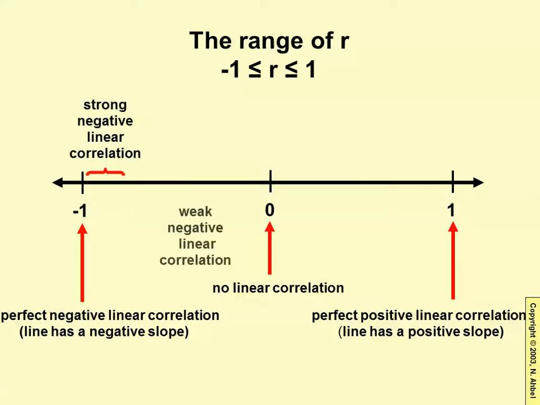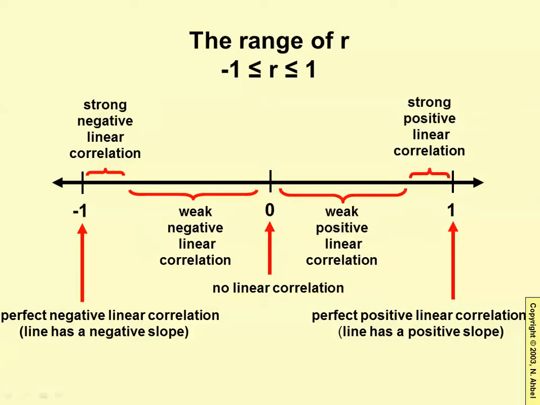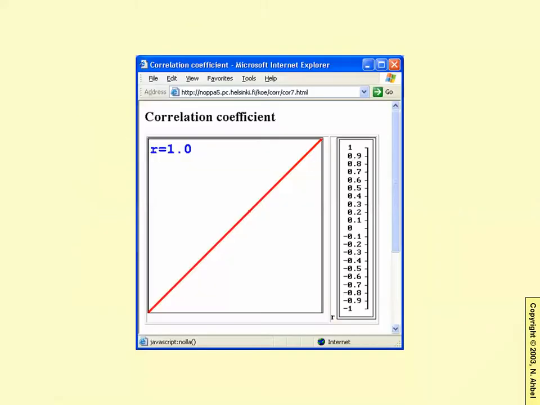And here are 4 regions that go from -1 to 1 and what those regions correspond to. So a correlation coefficient of 1 means that all the data points are directly on the line. In this case, all of the data points are hidden because they're below the line.